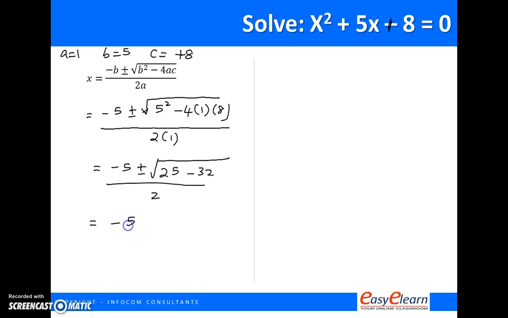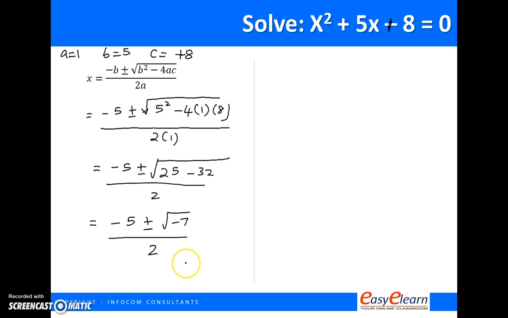So we got minus 5 plus minus square root of minus 7, divided by 2. Interesting. This is why I changed this number to plus 8, to show you what you will do when you get minus 7 within the square root.